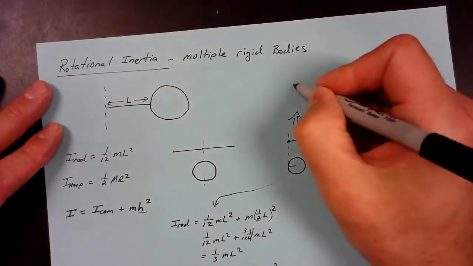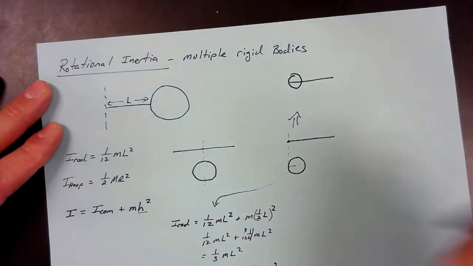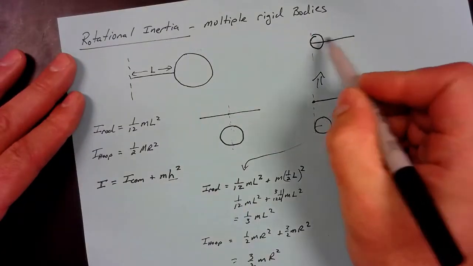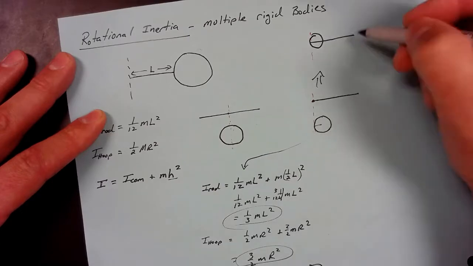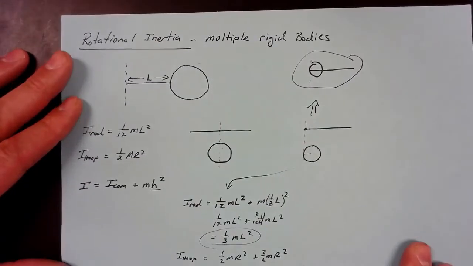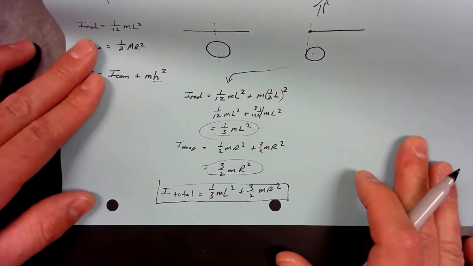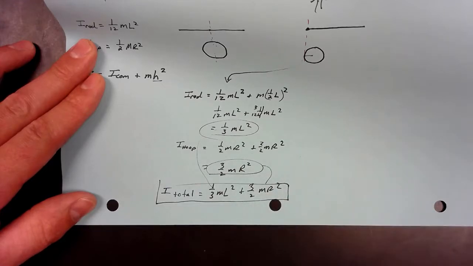So what I'm talking about is if we took the rod and then attached the hoop to it like this and still rotated both of those over that axis, you would then just take both objects' separate rotational inertias and add them together. So it'll be 1/3 ml squared plus 3/2 mr squared, and that would be the rotational inertia of that object. All right, so just take this one plus this one, so you're just basically adding them up like particles.